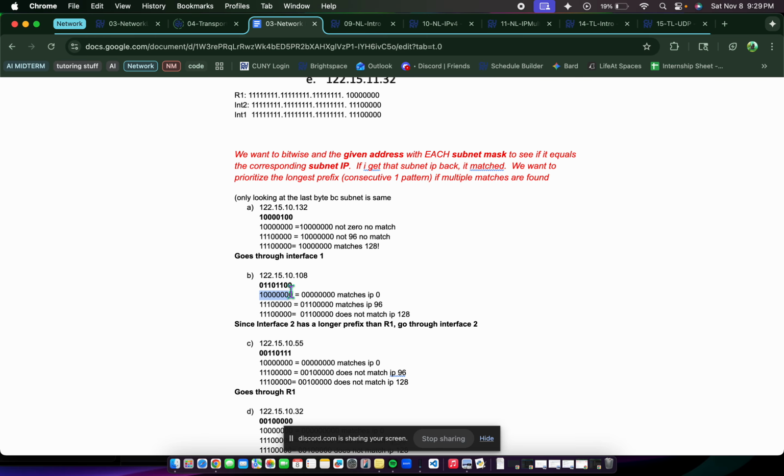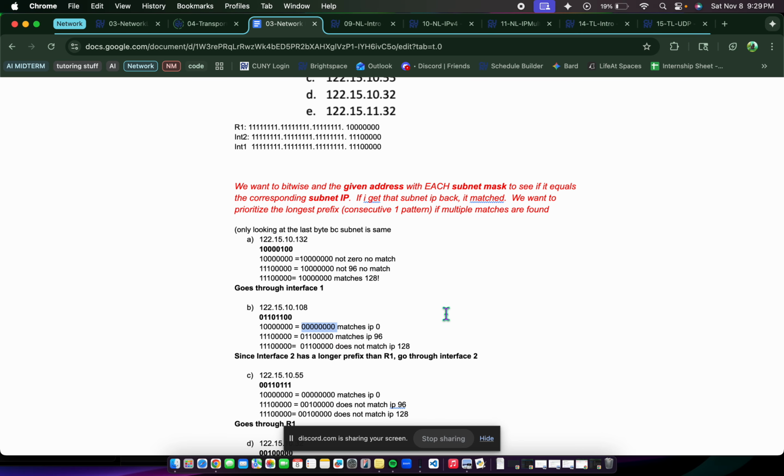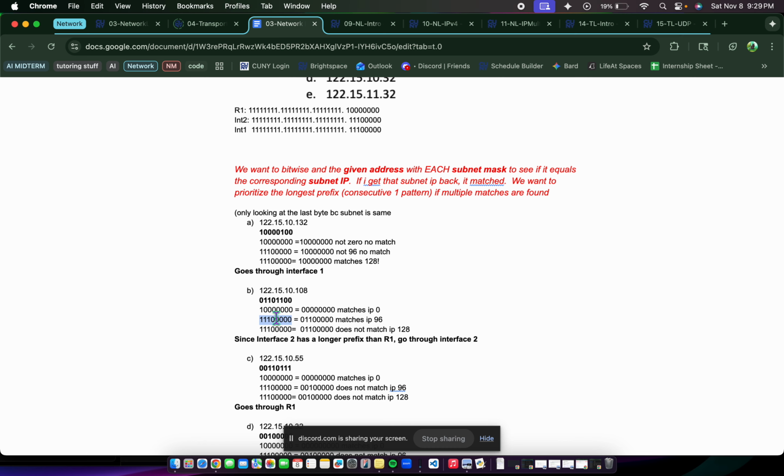Bitwise AND them. Okay, I do this with this and I get 0. Does this match the corresponding IP of 0? Yes, it does. So this could be a match. But we have to do the others because, again, we prioritize the longest prefix. The next one I do is interface 2, which had 224, which we already converted to binary, so we're good. Bitwise AND that, and we get this.